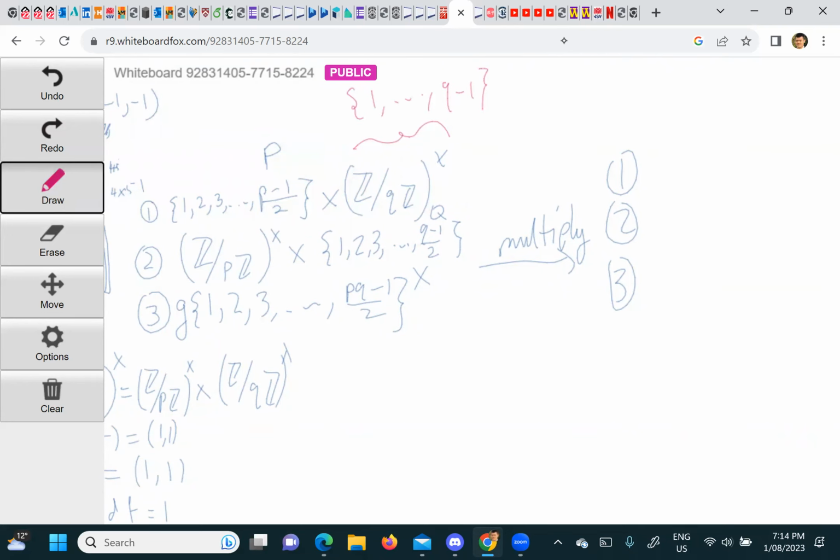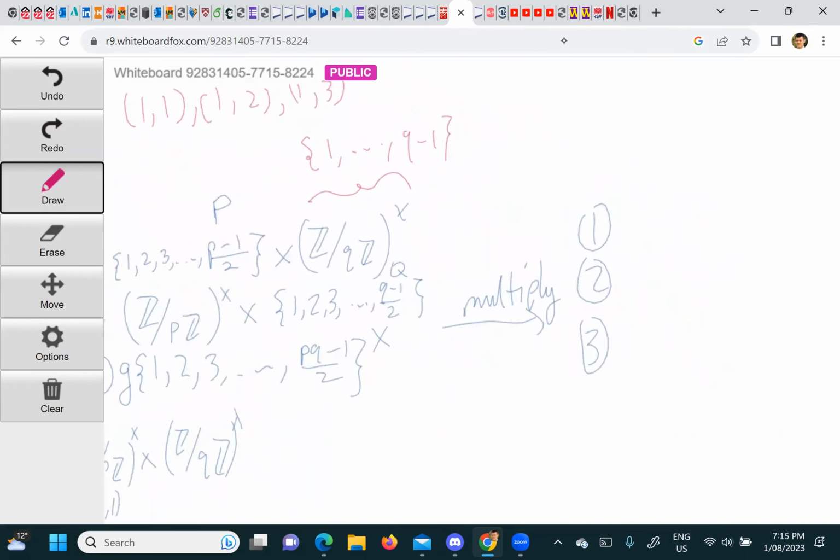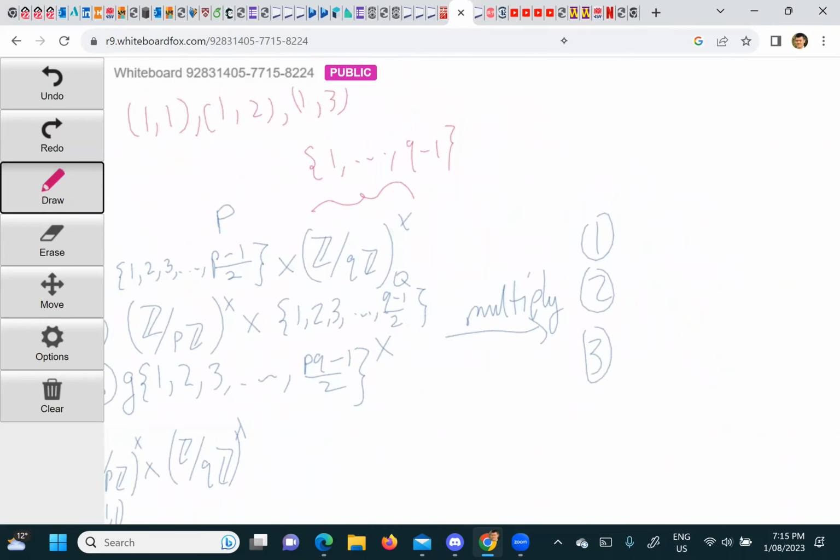The things in this set are like 1, 1, 1, 2, 1, 3, so there's a 1, something for every something from 1 to q minus 1. So you're basically timesing every one of these numbers to the power of q minus 1. Then when you take the product, you get p minus 1.